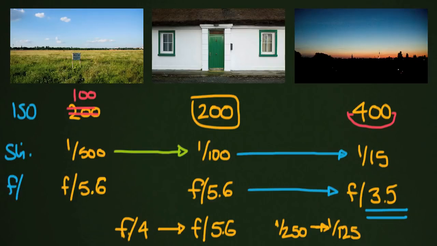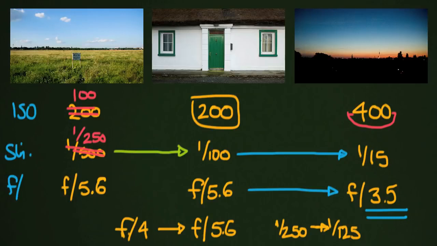So if this was 100, for example, right here, instead of 200, you would then have to change this shutter speed, cut it in half, or double it, I guess. It's kind of hard to explain with these numbers, but if you were to move this down to 100, you would have to move this shutter speed up to 250th, because you have doubled the amount of time that you need to expose that image.